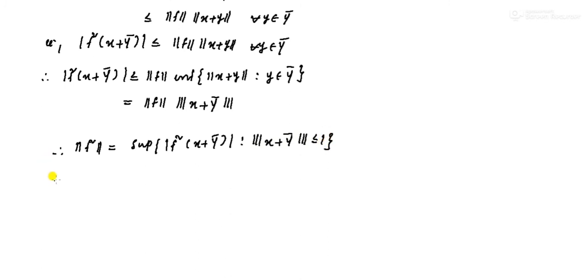Okay. Therefore, norm f tilde equal to supremum of mod f tilde of x plus y closure such that the quotient norm of x plus y closure is less than or equal to 1, which is less than or equal to norm f into supremum of the quotient norm of x plus y closure such that the quotient norm of x plus y closure is less than or equal to 1.